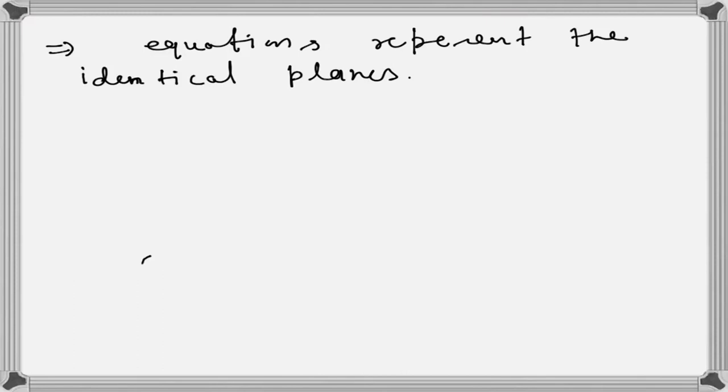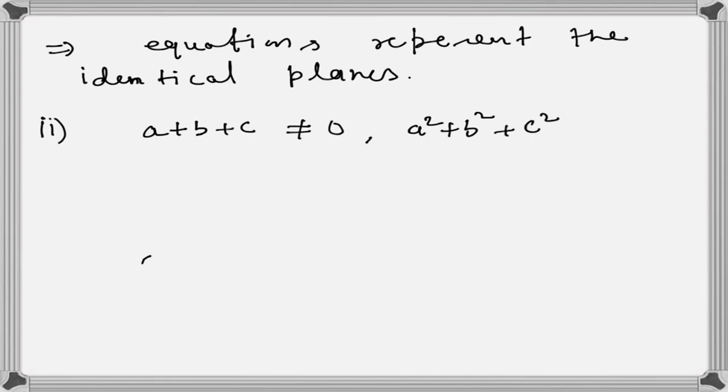Okay, so let's go to part 2. In part 2 we have a plus b plus c not equal to 0 and a square plus b square plus c square not equal to ab plus bc plus ca.